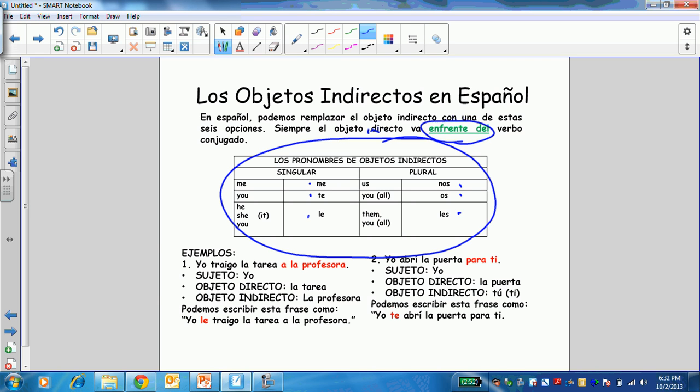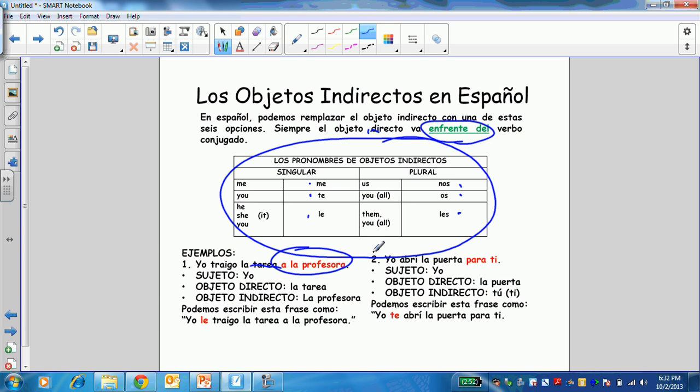Okay. Yo traigo la tarea a la profesora. Subject, sujeto is yo. The objeto directo is la tarea. It's because it is what is being brought. Now, a dónde va la tarea? A la profesora.